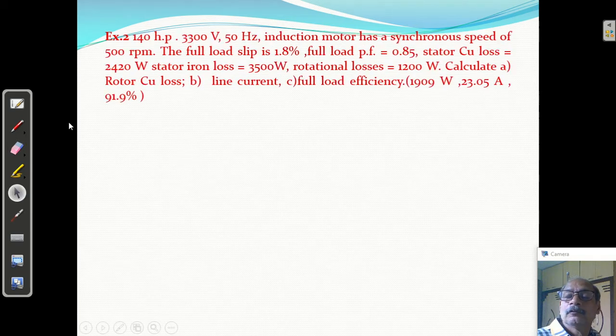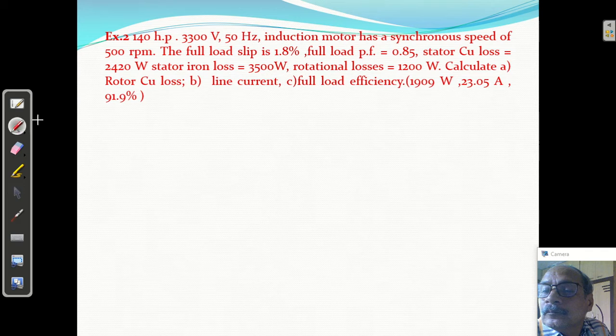Second problem I am solving: a 140 horsepower motor. 140 horsepower means what? Input or output? Always, whenever the power is given in horsepower, it is output. It is clear cut, it is P out. A 5 HP motor, it is P out. So P out is given.